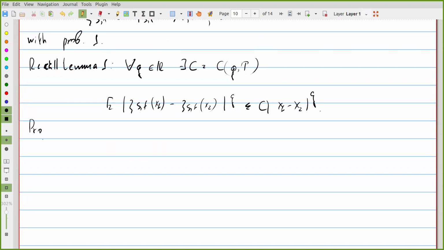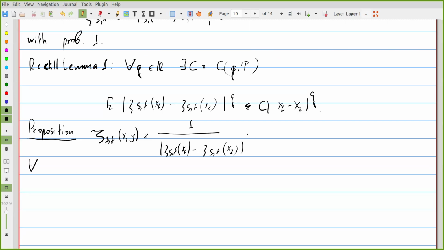We will need the following proposition. Let us introduce zeta_{st}(x,y) is 1 over psi_{st}(x) minus psi_{st}(y).